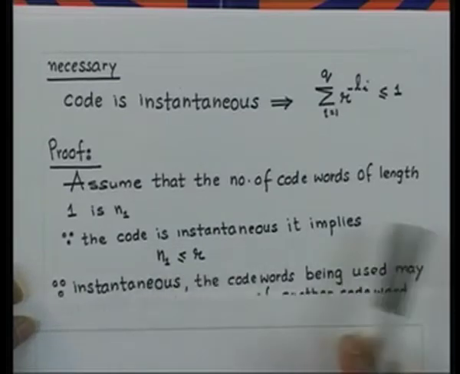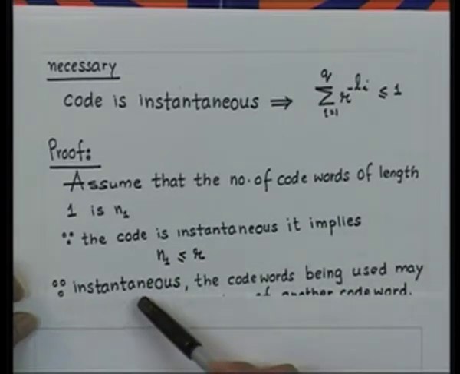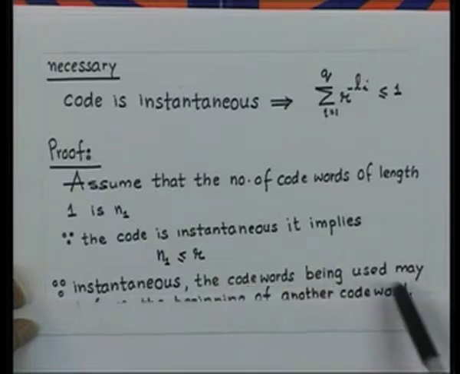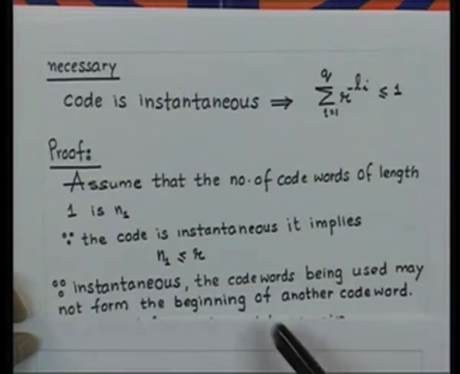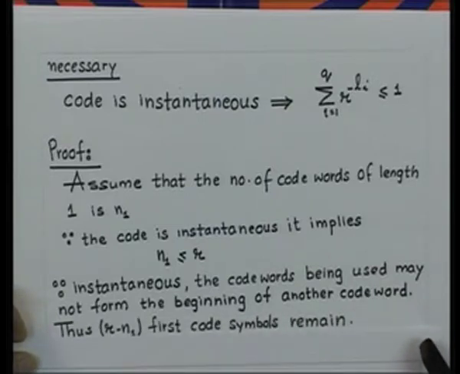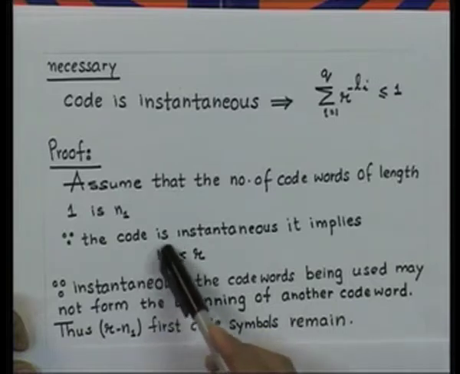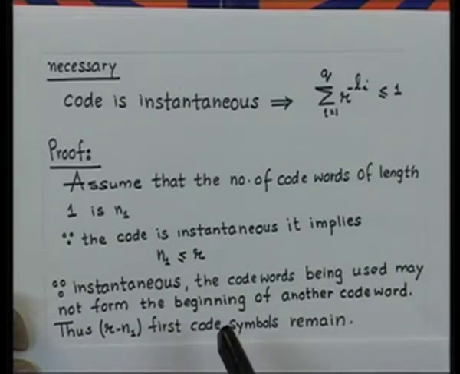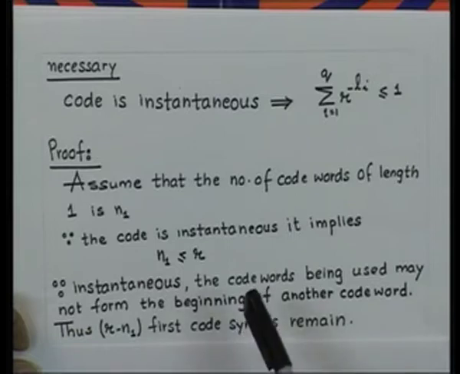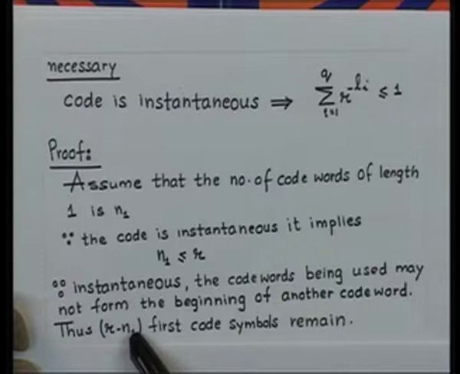Now, because the code is instantaneous, the code words being used may not form the beginning of another code word. Thus, we have r minus n1 first code symbols remaining. So, once I have chosen n1 code words of length 1, the remaining r minus n1 can be used as a prefix for the code words.